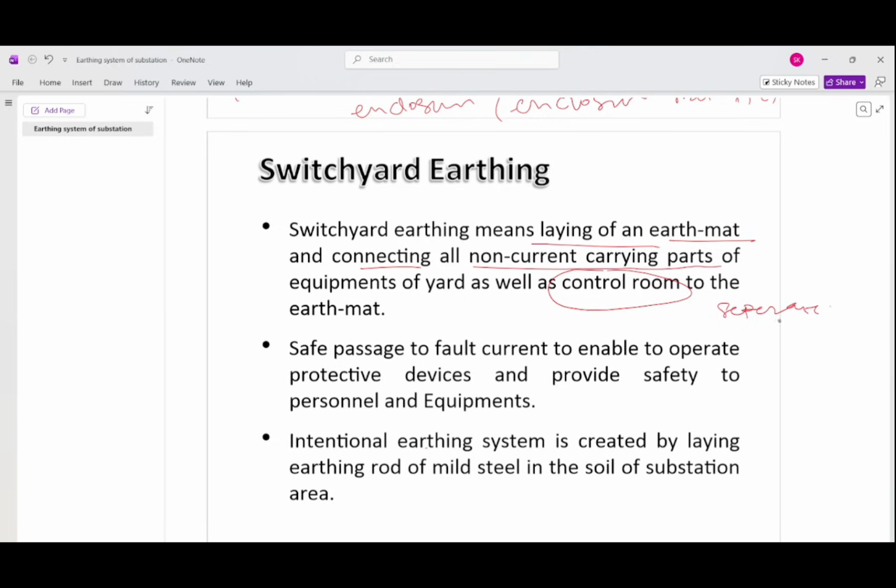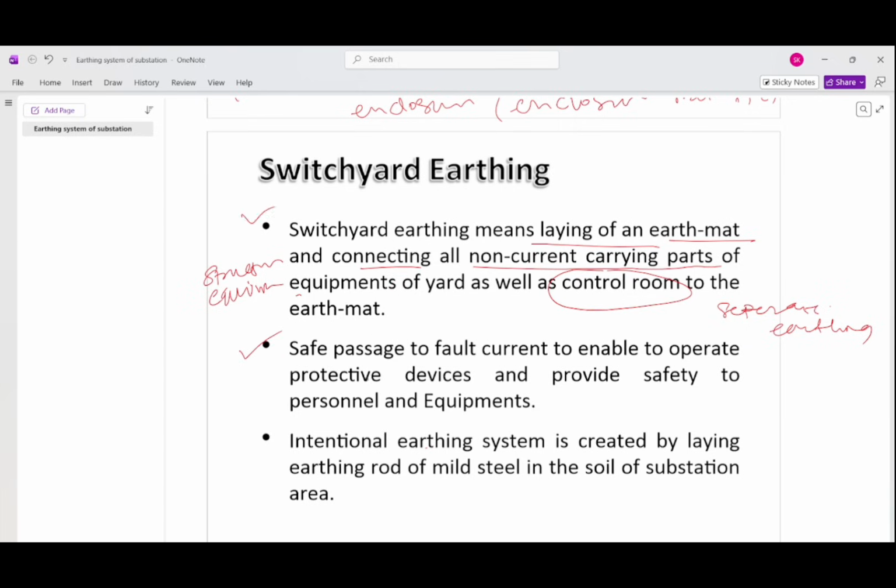A separate earth pit system is provided for the control room, and all the metallic parts in the substation, equipment and structures, are to be earthed. These are to be connected to the safe earthing grid, a low resistive or low impedance path.